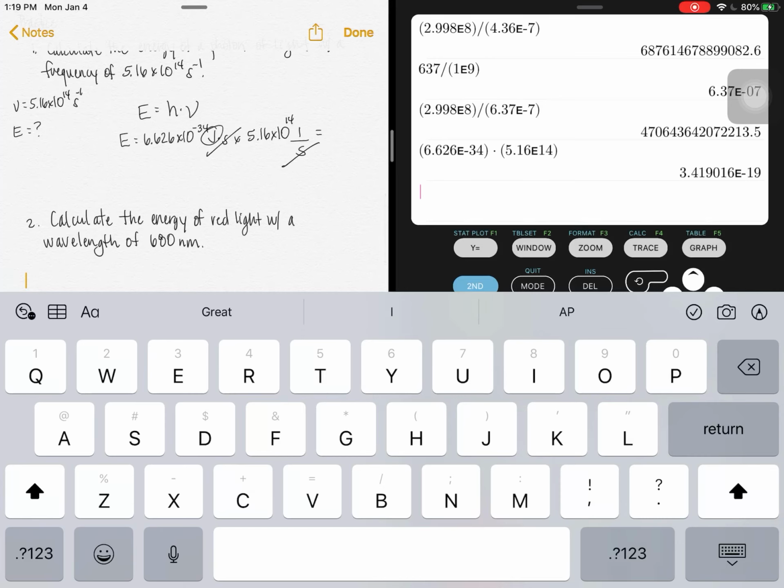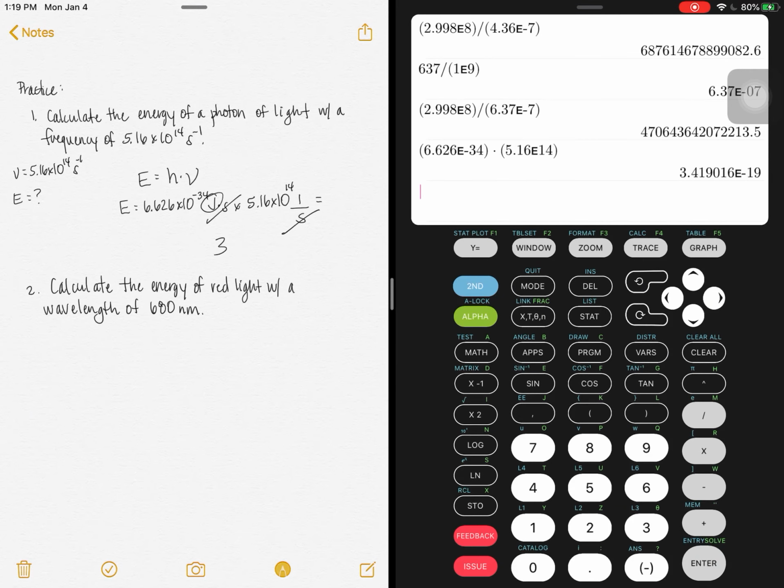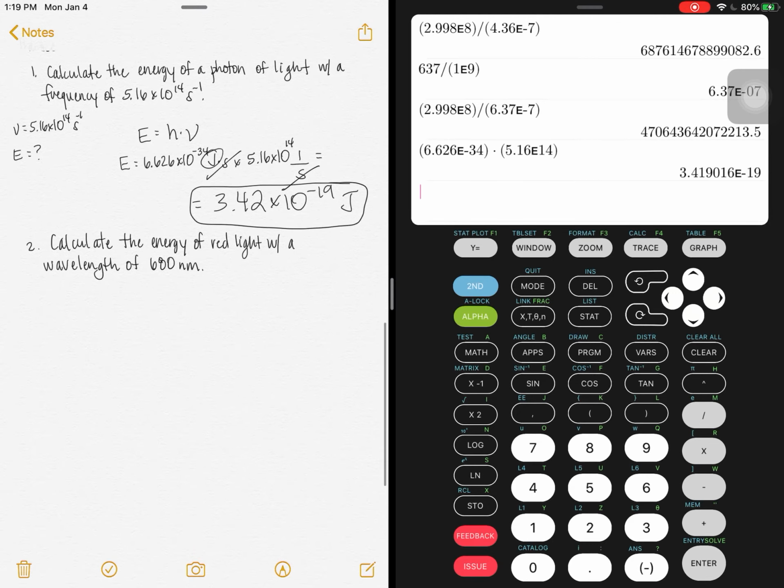And so my answer here, to 3 sig figs, should be 3.42 times 10 to the -19 joules. Remember, I told you it was going to be a small number, right? And it's a small number because it's the energy of one photon, right? One tiny photon.